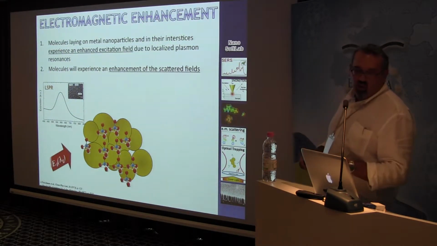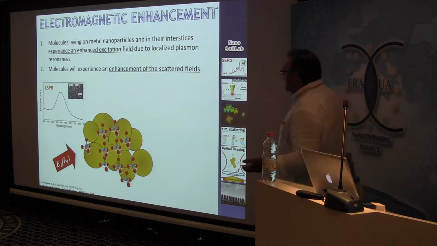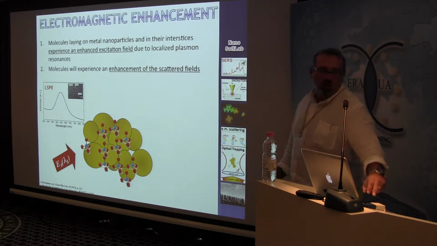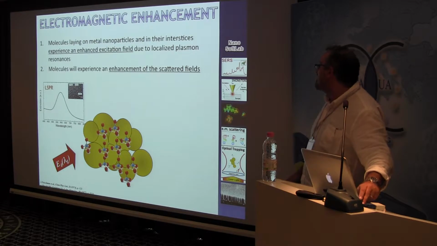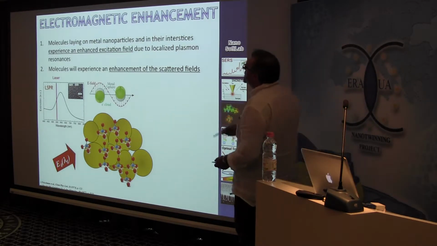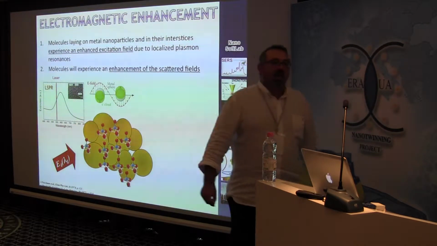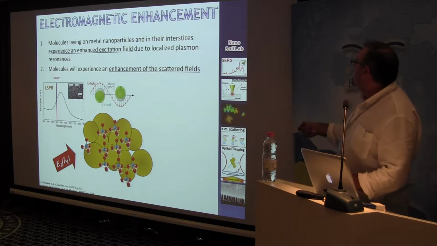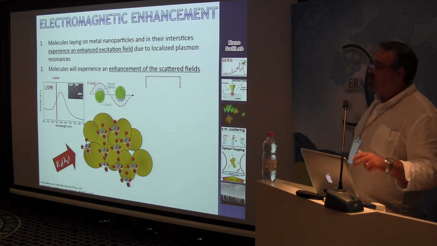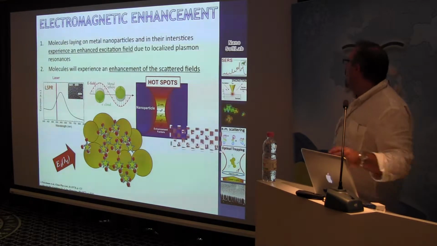The second thing that we do is we shine with laser light. Of course, we want to exploit the localized surface plasmon resonance, so the energy of the laser must be within the resonance curve. In this way, we excite this collective oscillation of electrons that generates the hotspots.